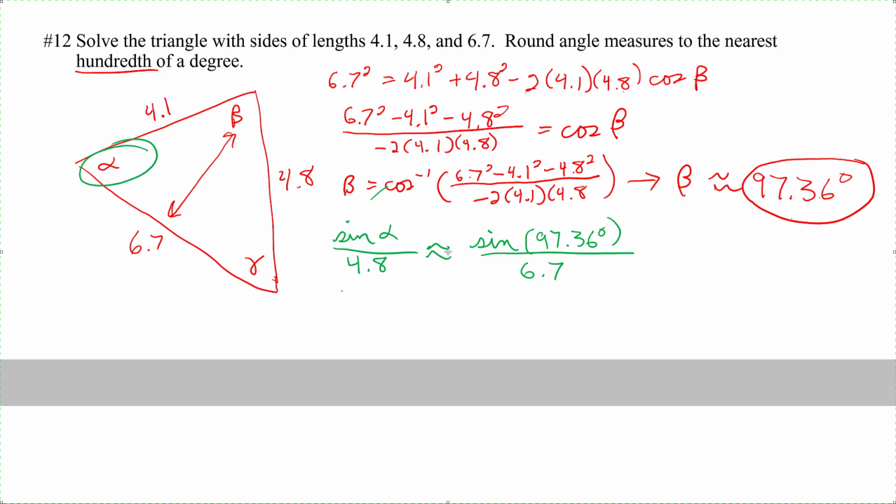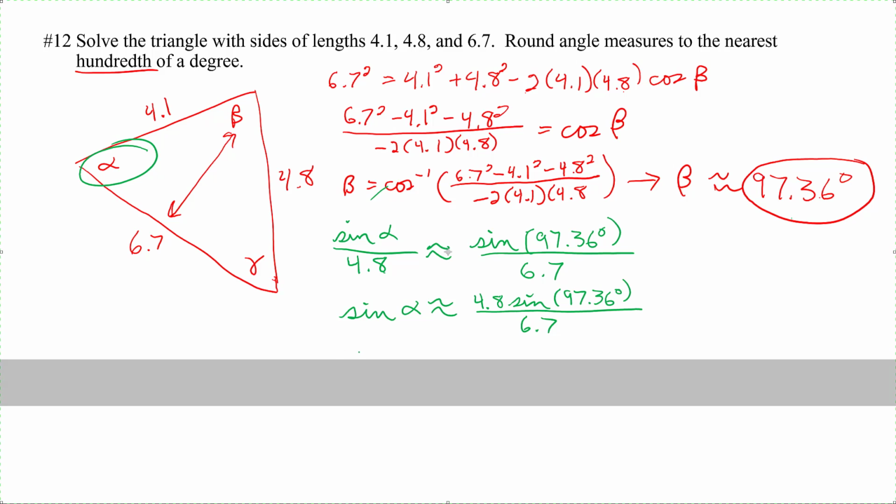And so we'll cross multiply, and we're going to end up with sine of alpha is approximately equal to 4.8 times the sine of 97.36 degrees divided by 6.7.